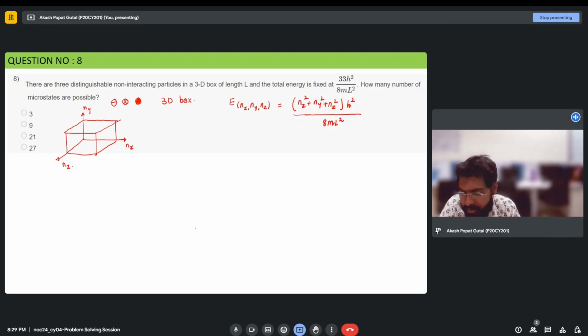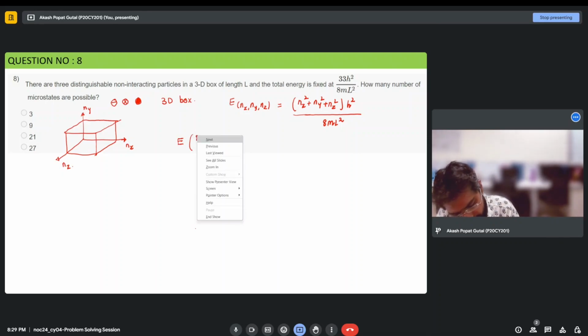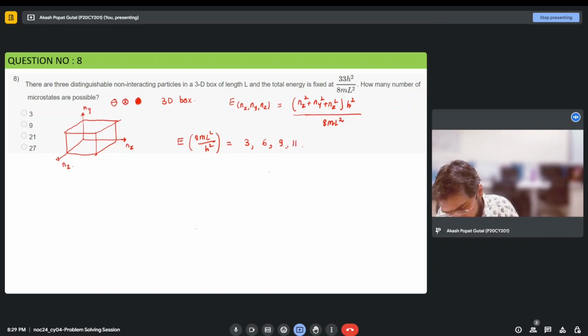For each particle, in units of h square divided by 8 m L square, we have energies as 3, 6, 9, 11, 12, and 14.